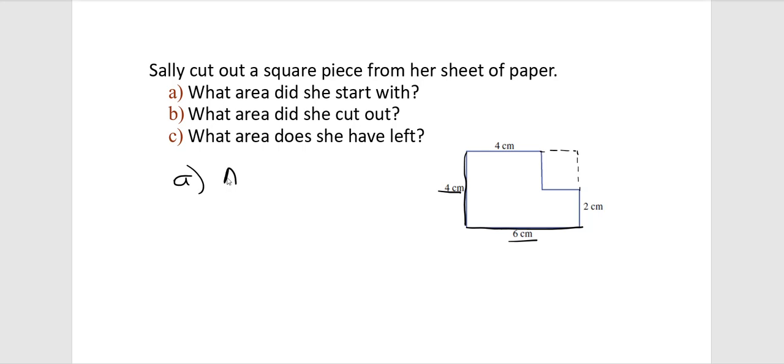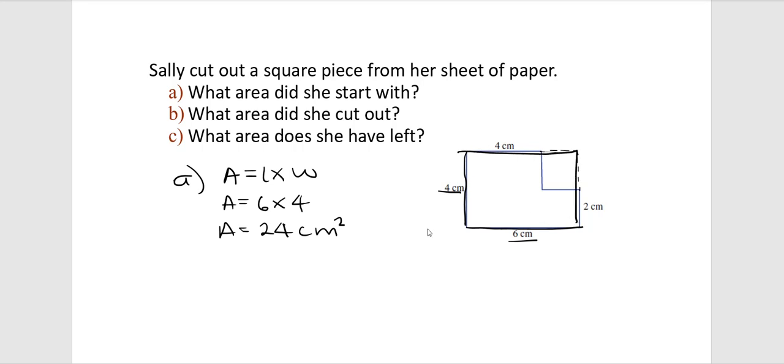So area of the whole rectangle would be equal to length times width. Area would be equal to 6 times 4. Area will be equal to 24 centimeters squared. So that's the area she started off with. The whole rectangle would be 24 centimeters squared. Then she's cut out a piece, cut out that square. So now B, what area did she cut out?